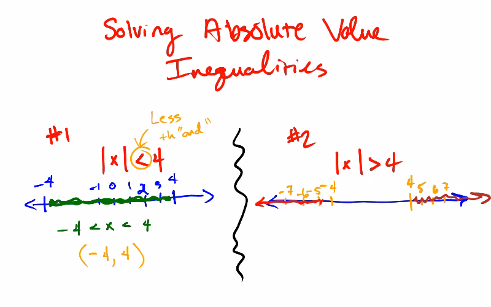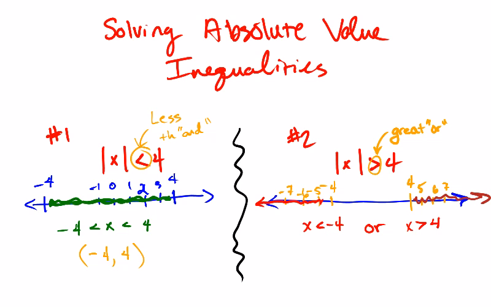So the way to write that is to say x could be less than -4, or x is greater than 4, and so we have an or inequality. This reminds me that when I have an absolute value greater than a number, I'm going to use an or inequality to solve it.